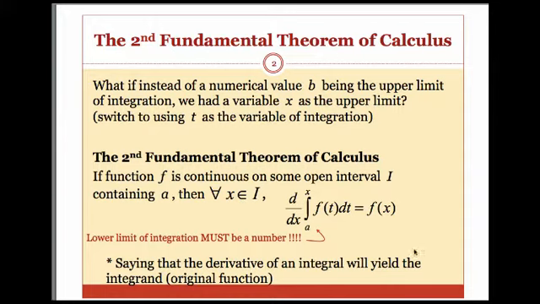So take a look at what the second fundamental theorem states. It states that if you take the derivative of an integral, and it's a definite integral because there are limits of integration, and notice that your limits of integration go from a, so that's a number, and the upper limit is x. And notice what it tells us is that the derivative of that particular integral is simply going to be f of x.